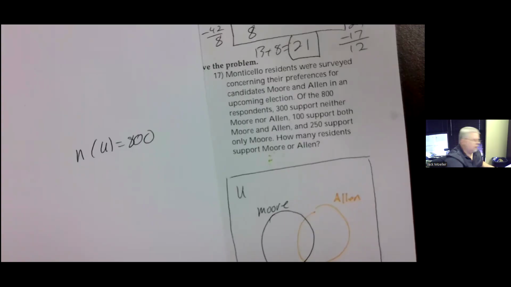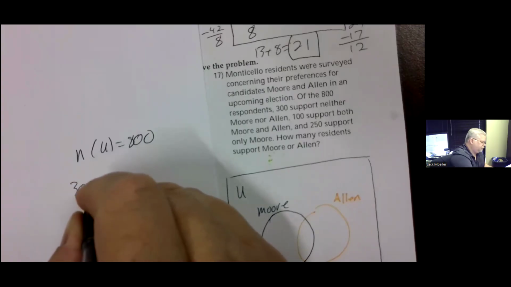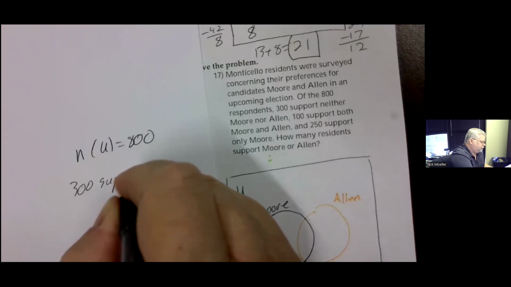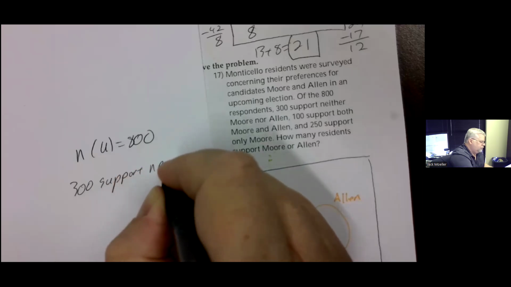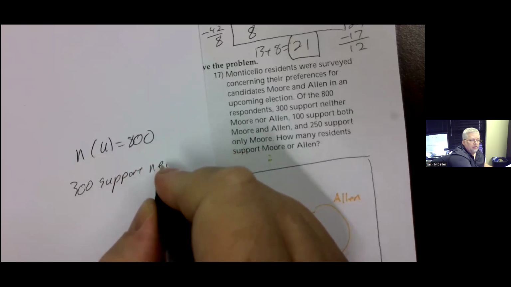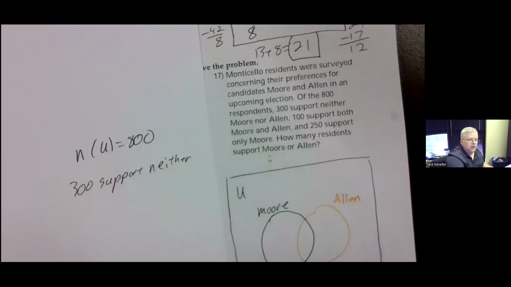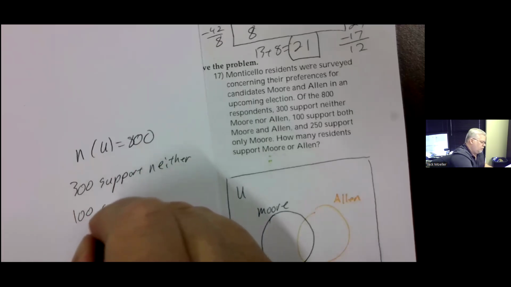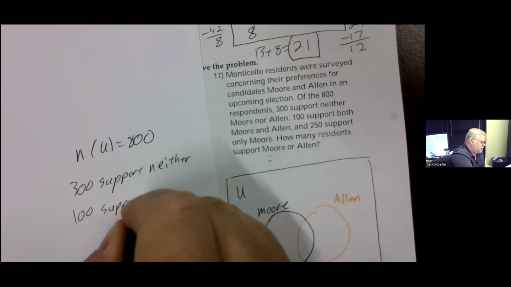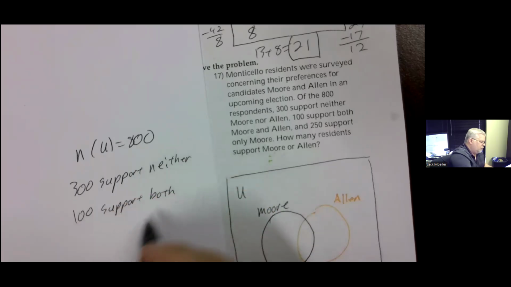300 support neither. Now, if you're not sure what the notation is, then just write out the number and we'll deal with it later. 100 support both. Now, if they support both, that would be Moore intersection Allen.